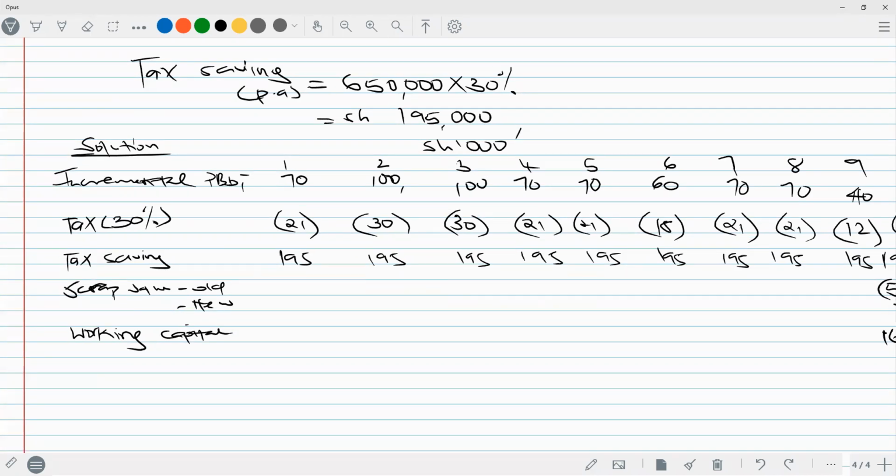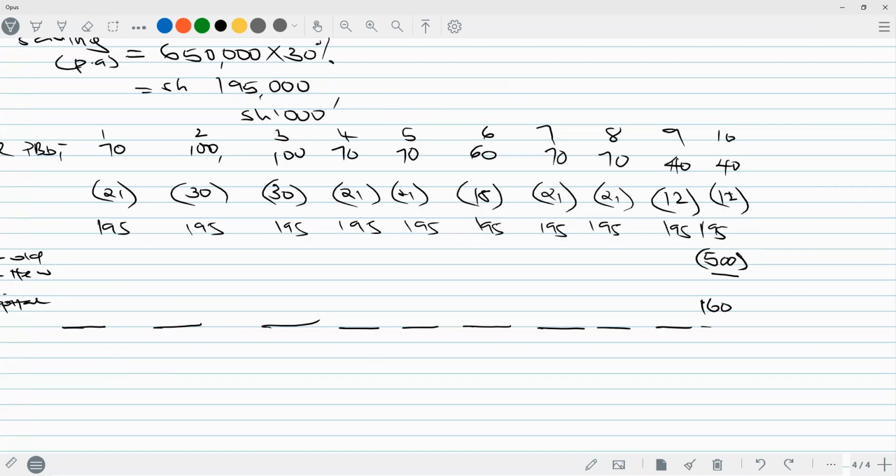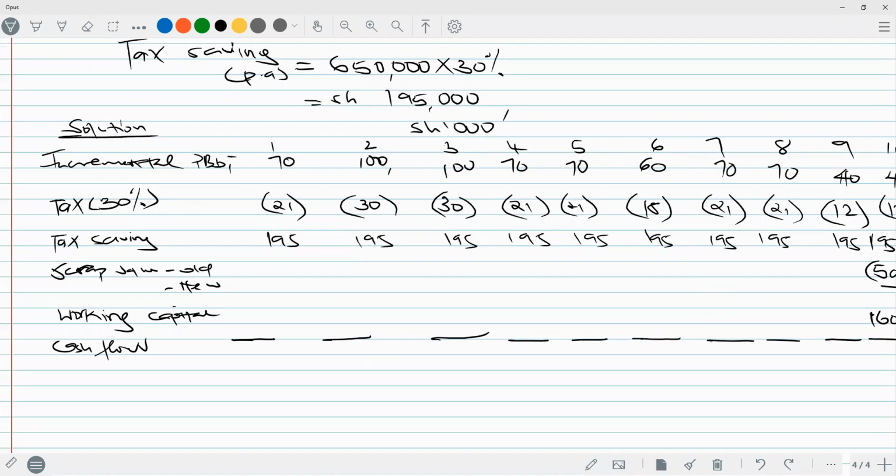Okay, so fair enough. Then I think you have net cash flows. Year 1, year 2, year 3, year 4, year 5, year 6, year 7, year 8, year 9, and we have year 10. Year 1 is how much? 70 minus 21 plus 195.